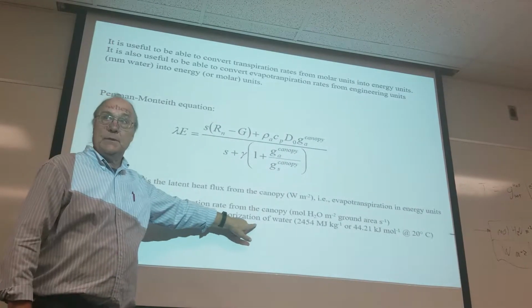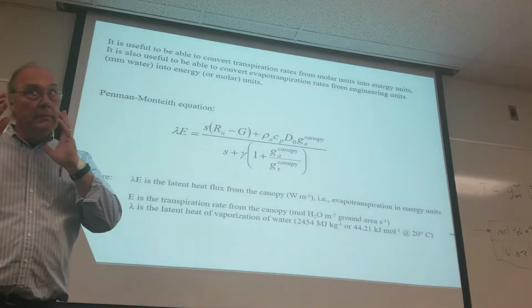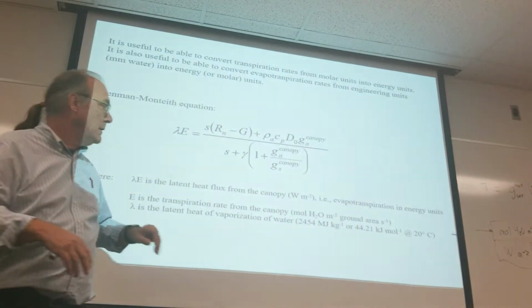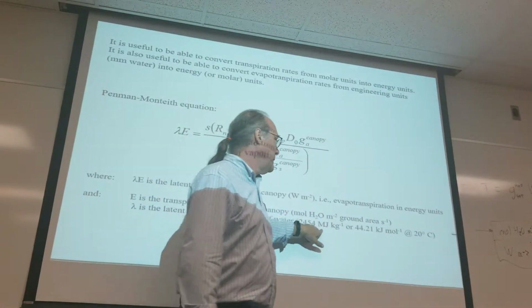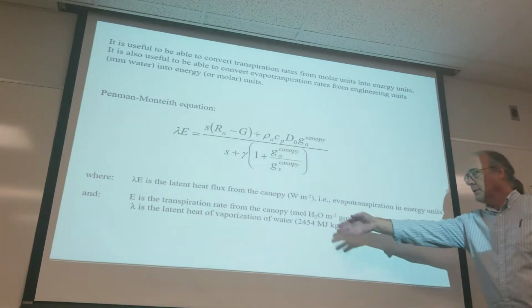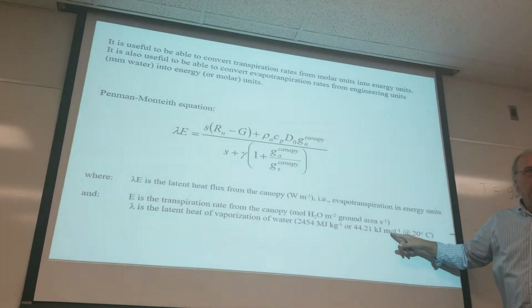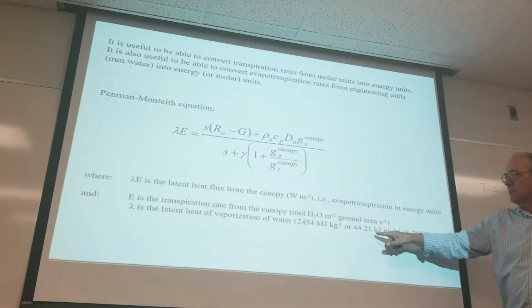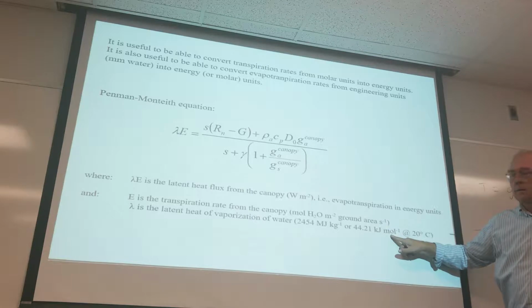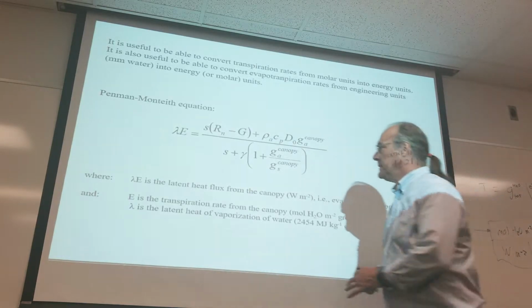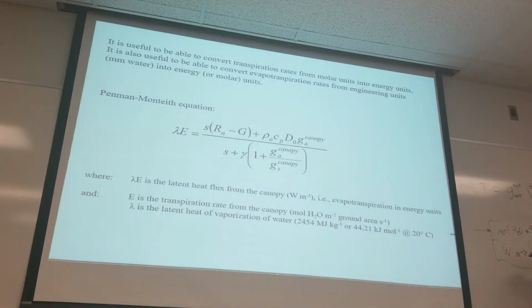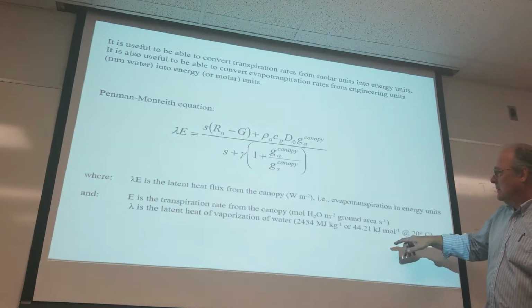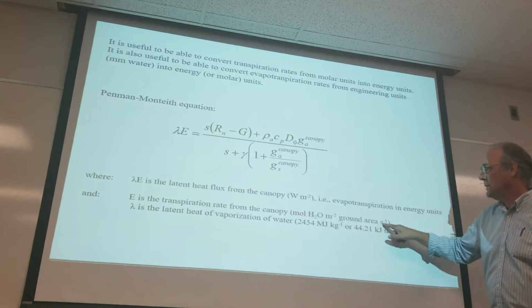And lambda is the latent heat of vaporization of water, which if you remember from the very first PowerPoint that I showed you, is 2,454 megajoules per kilogram at 20 degrees C. That's equal to, as you can do a conversion yourself between mass and molar units, 44.2 kilojoules per mole at 20 degrees C. So if we take this transpiration term in molar units, multiply it by the latent heat of vaporization of water, we get units of kilojoules per meter squared per second.